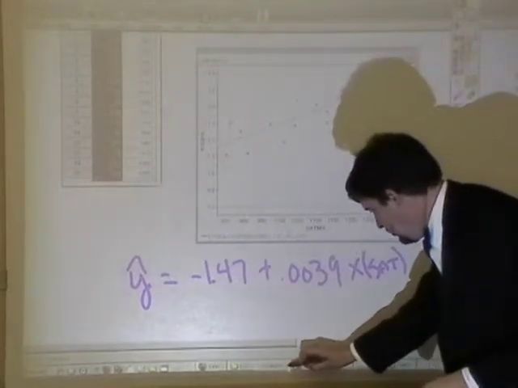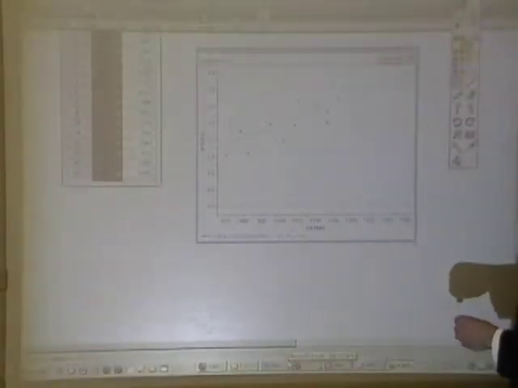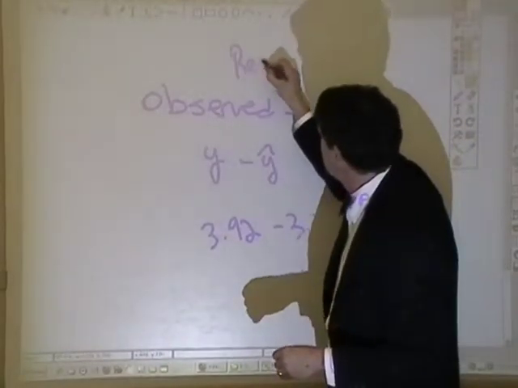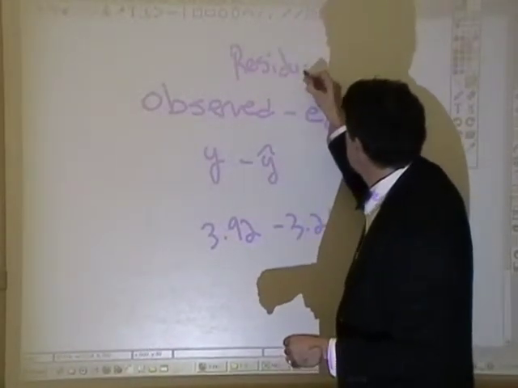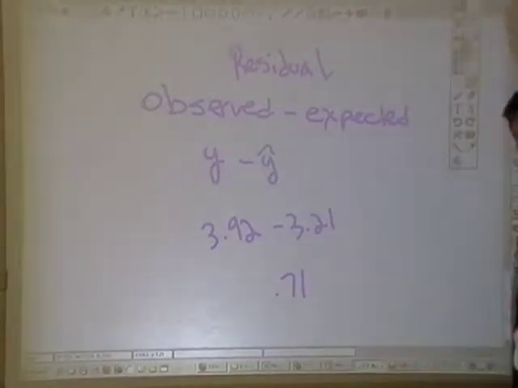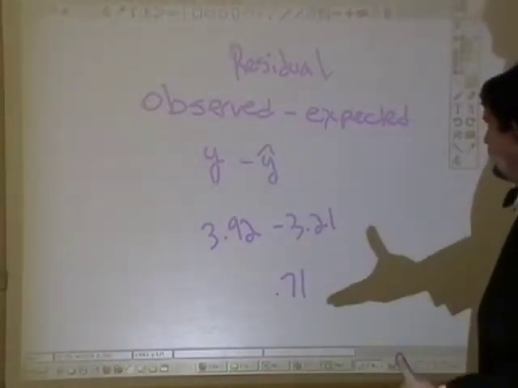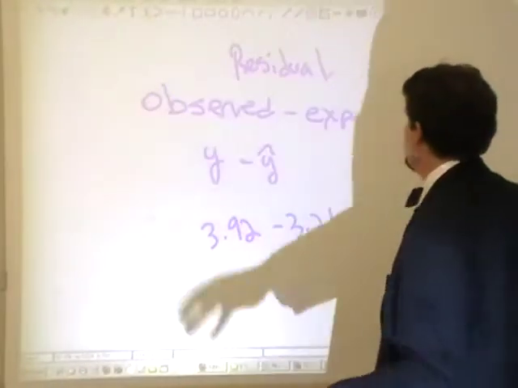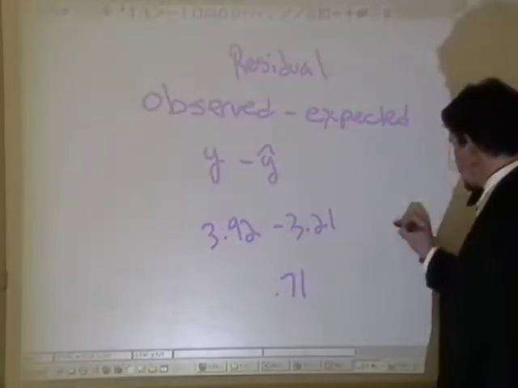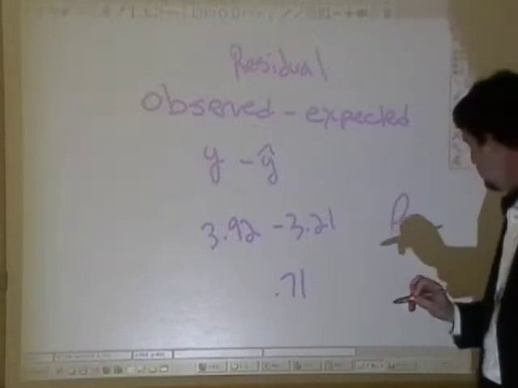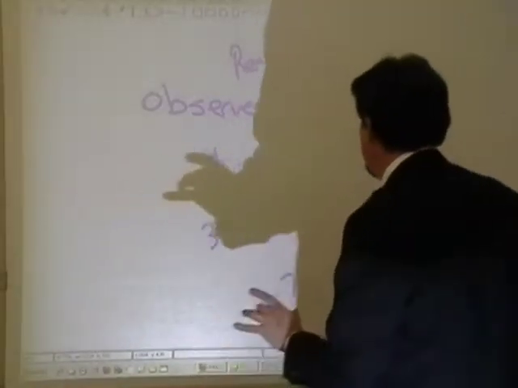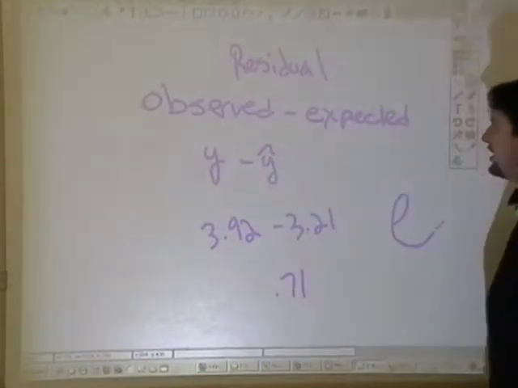So let's write it over here. This is the residual. Residual is really important to us. And the variable that we use to represent residual is the letter E. Not as in the natural logarithm, just E. And why is it E?